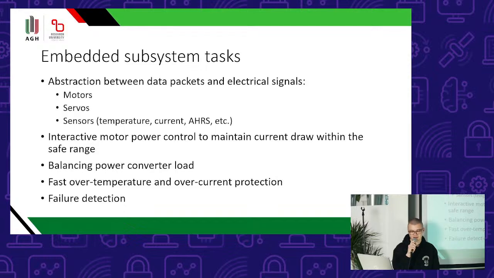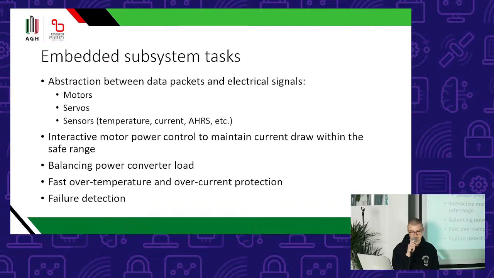So the embedded system's job is to get this input packet, and then the embedded system knows where the motor is connected and how to apply 30% duty cycle to the PWM output.